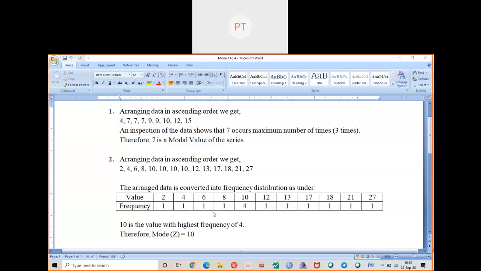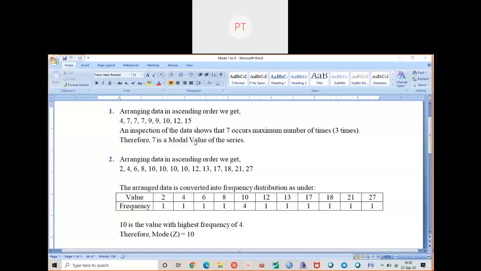That was your arithmetic mean. And median, what was median? Median was something which divides the data into two almost equal halves. But mode is something which has the maximum frequency. Mode is the value in the data which has got the maximum frequency. That is called mode or modal value.